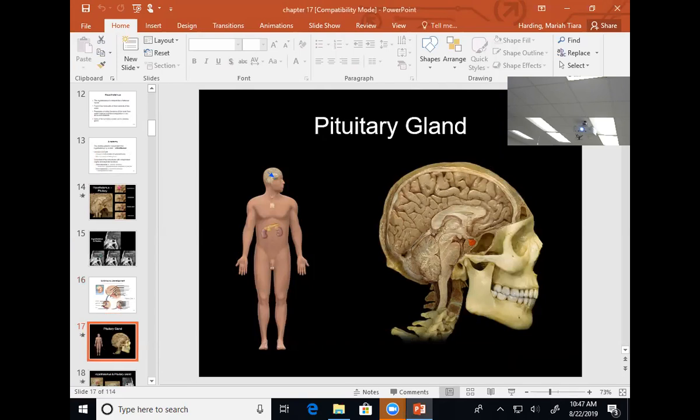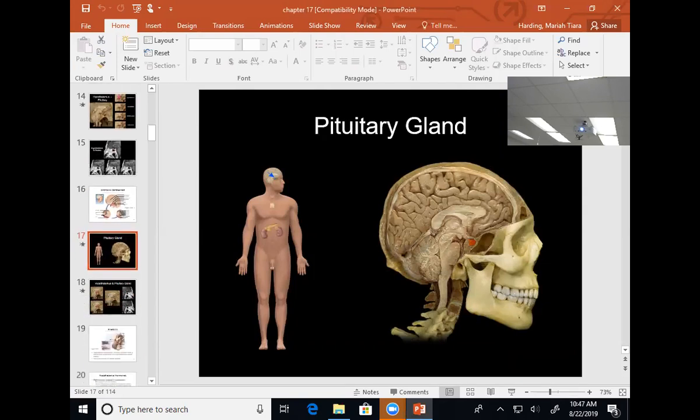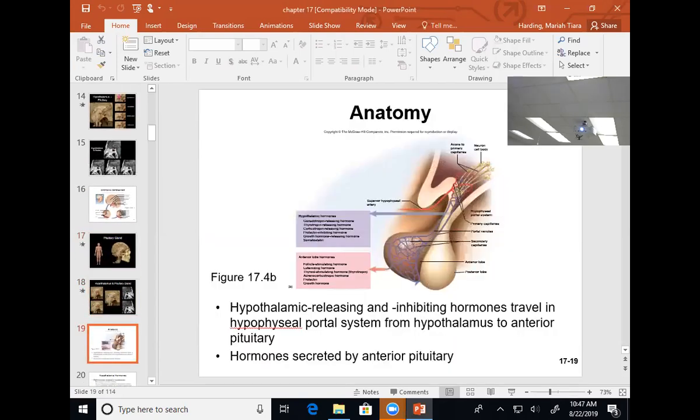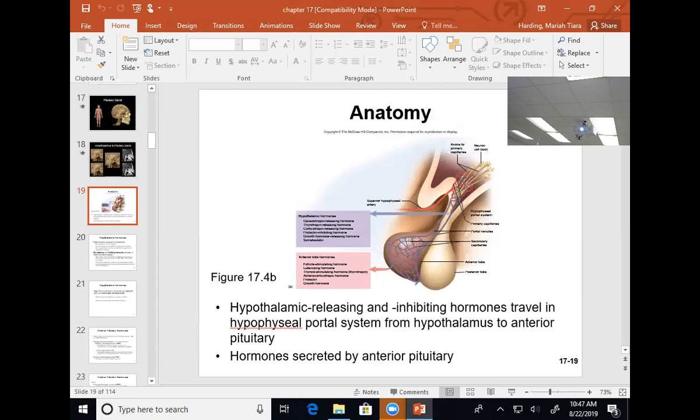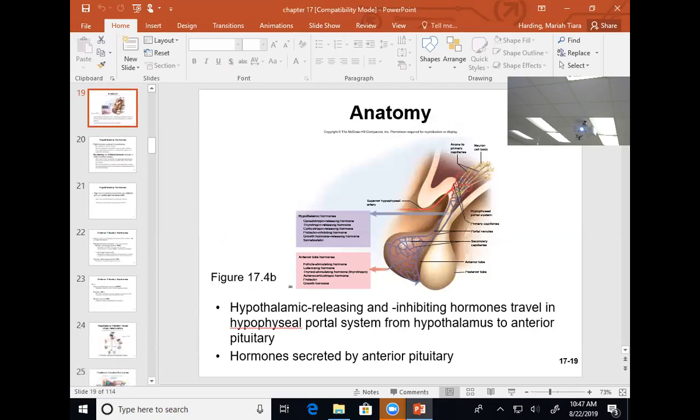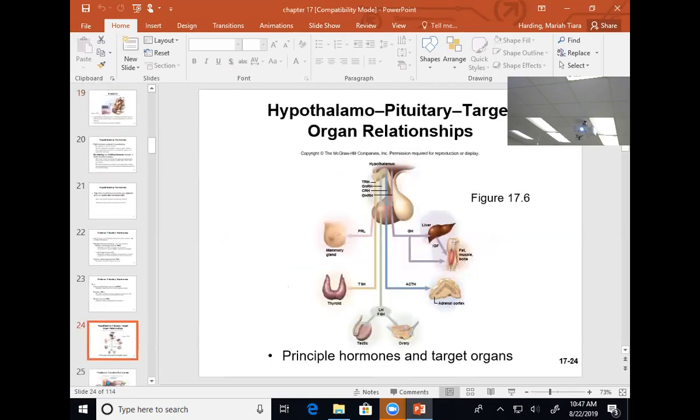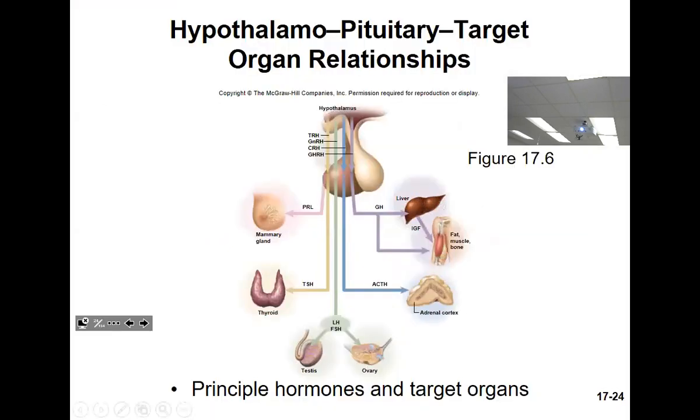So we really know the hypothalamus is truly controlling that pituitary. And what I'd like to do, and I wish I had a picture I could find that I like. This is not bad. Okay. So what I'd like to do, I told you all I use these PowerPoints.